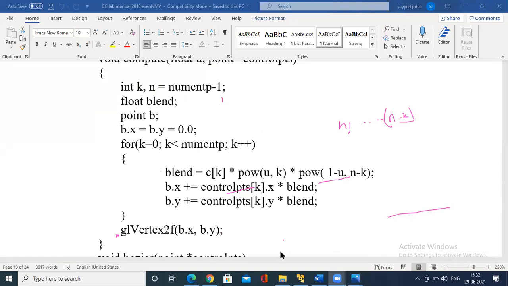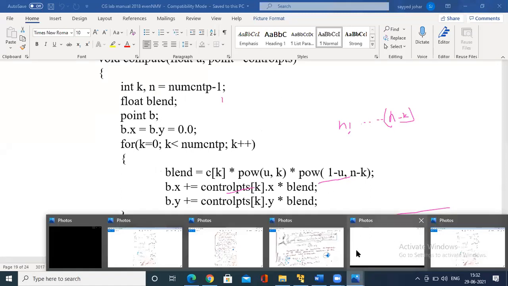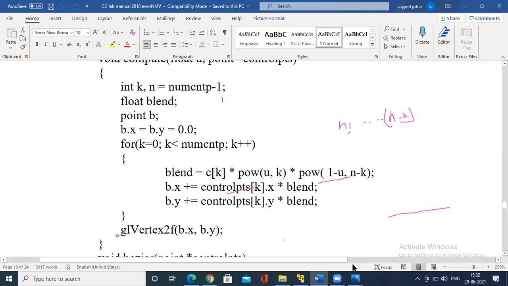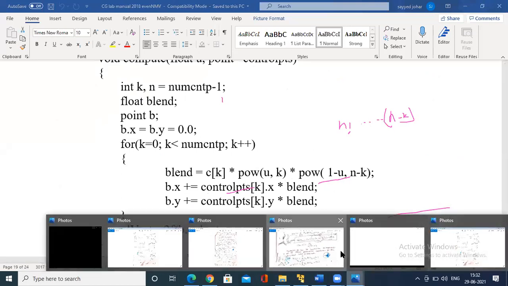How do you calculate the blend? Blend is calculated as C of k multiplied by u to the power of k, multiplied by 1 minus u to the power of n minus k. Clear? Same thing you have calculated. And not only that, what else do you have to do?